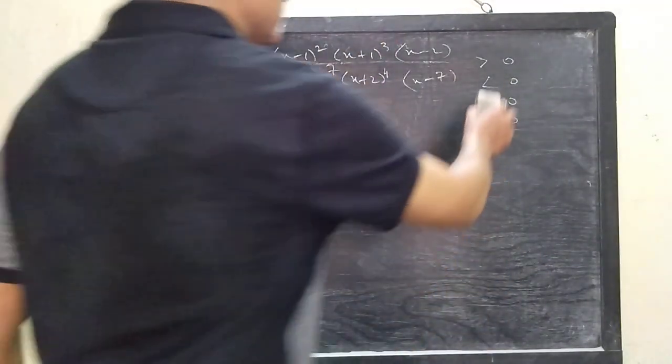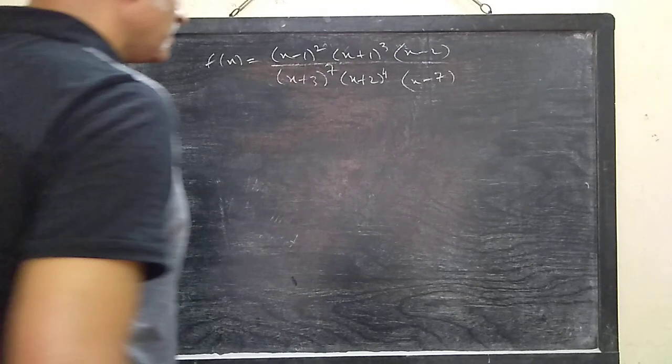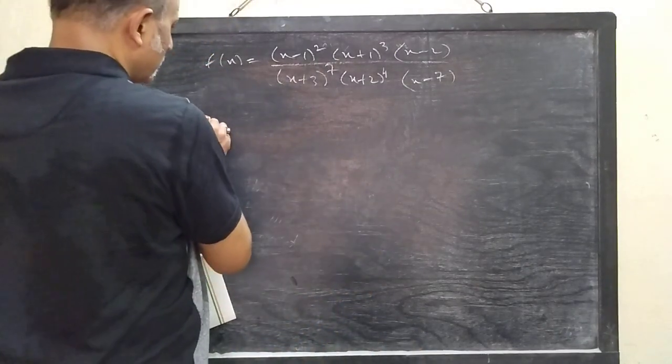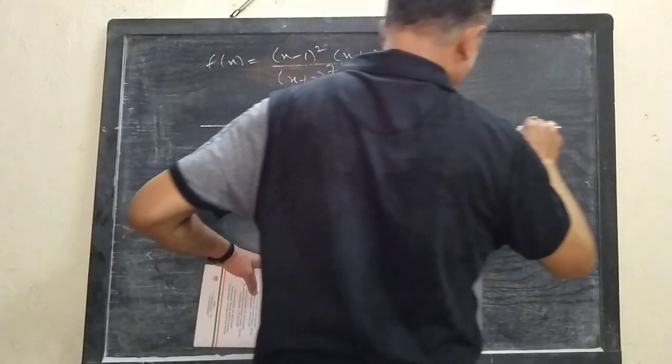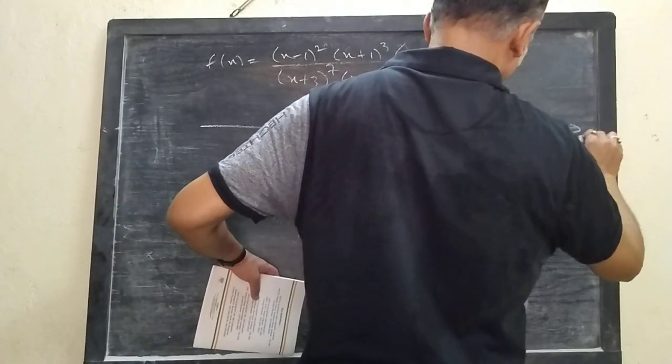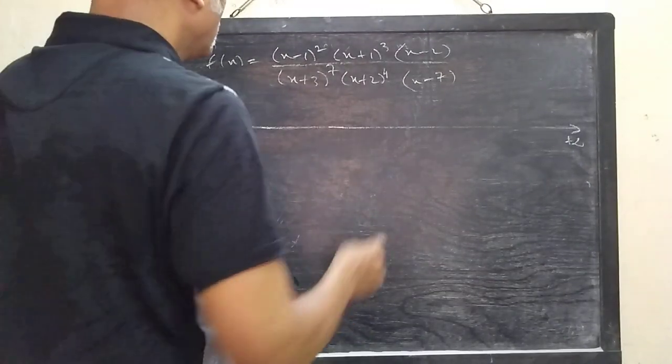So our first duty is to mark the zeros of numerator and denominator on the number line. So draw the number line first. This is plus infinity, this is minus infinity.